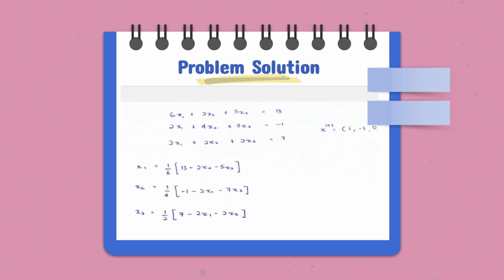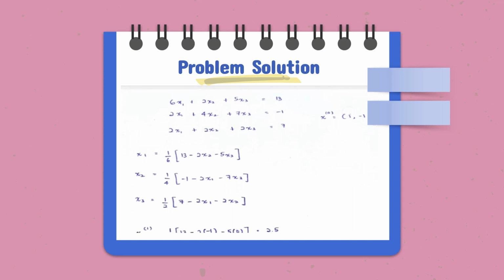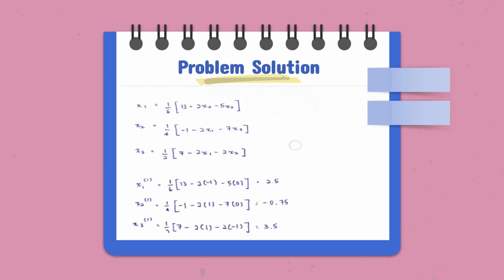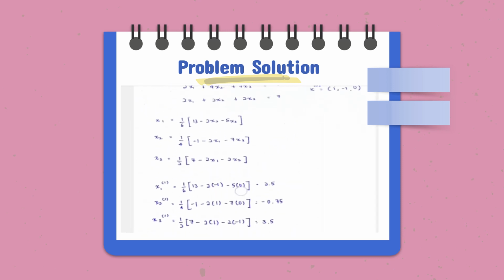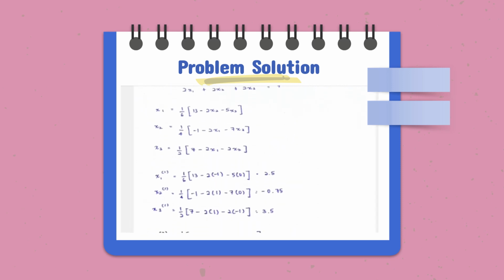For the x1, x2, and x3, at the x0 iteration is 1, negative 1 and 0. Therefore, when you want to find the first iteration, when I use x1 with the bracket x1 as the power here, it means that we want to find the first iteration.